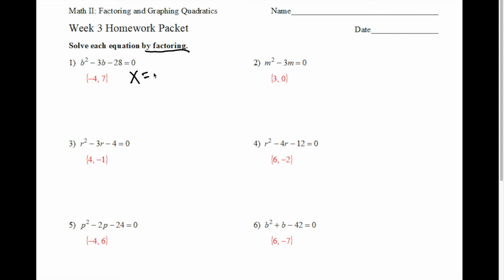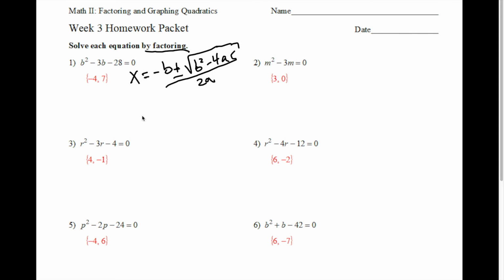Okay, so if we're going to use the quadratic formula for this, that is negative b plus or minus the square root of b squared minus 4ac, over 2a.